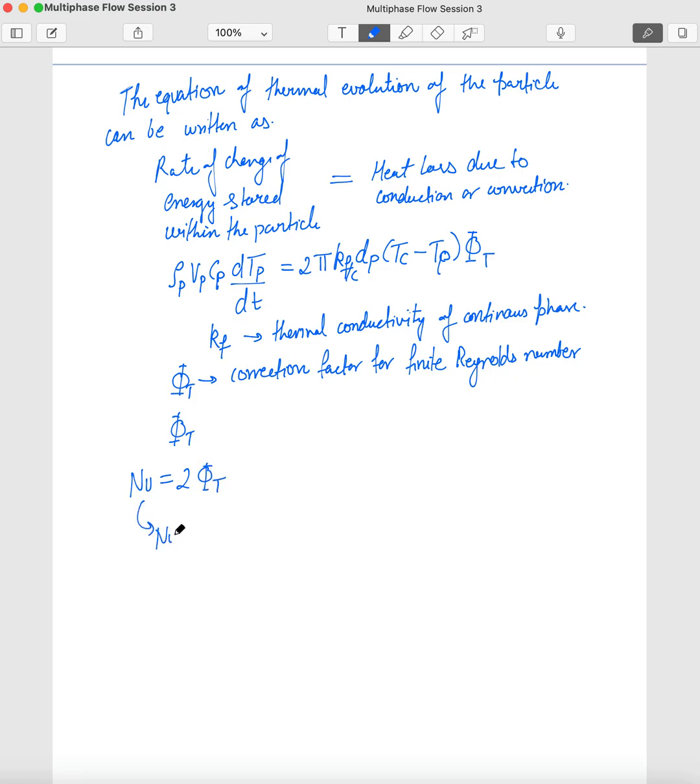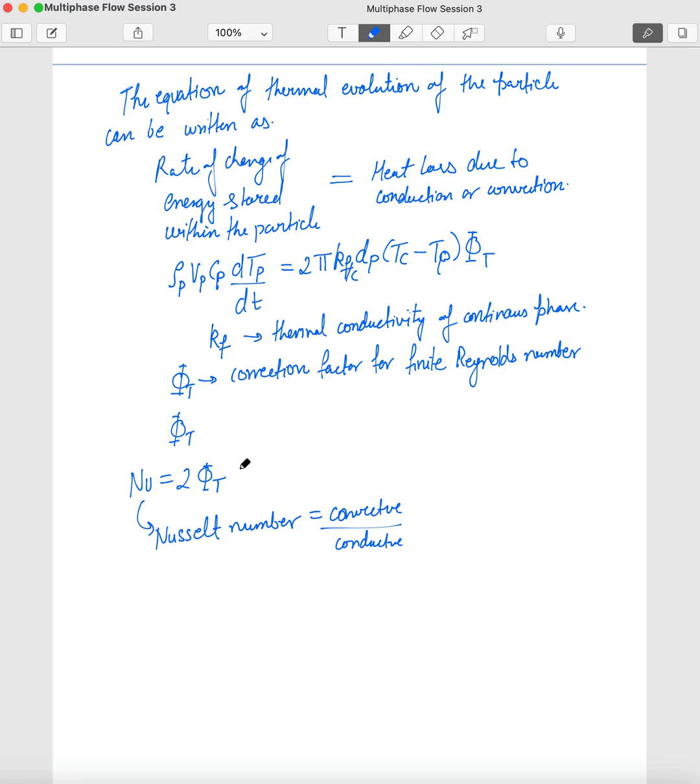Nu is nothing but the Nusselt number, and Nusselt number is the ratio of convective to conductive heat transfer.